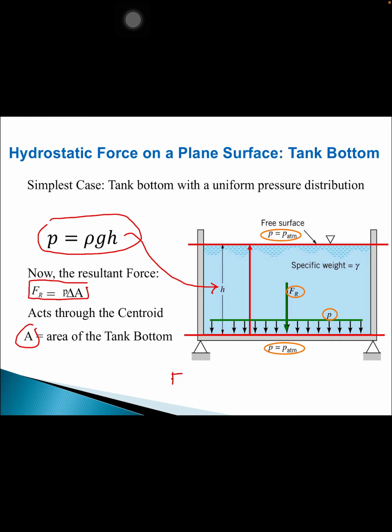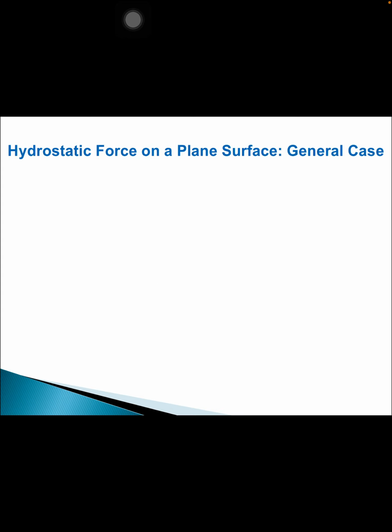So FR equals delta P multiplied by area, and delta P equals rho g h, so by area. So this is your equation for this subsection. Okay, this is some of the terms that we have to know in this topic.